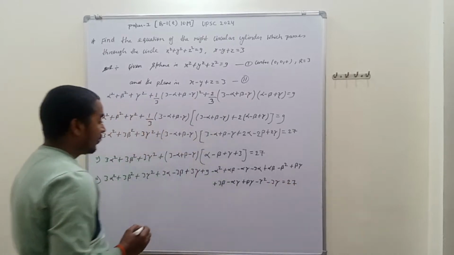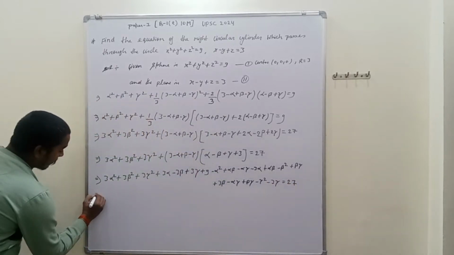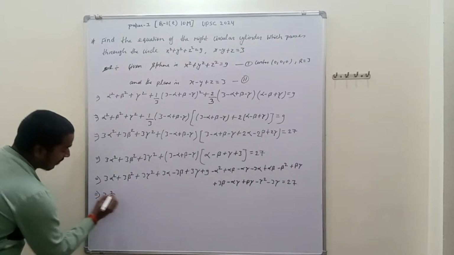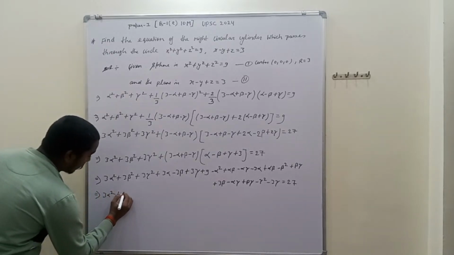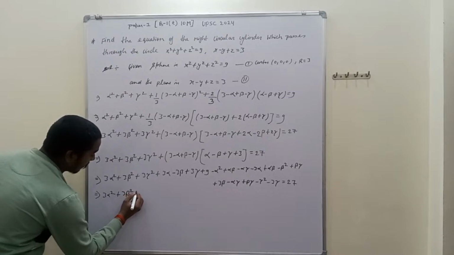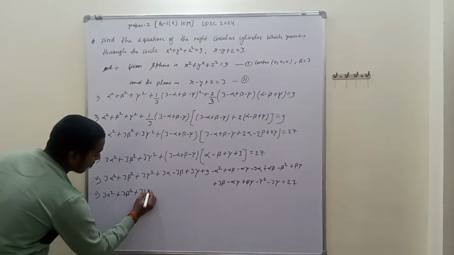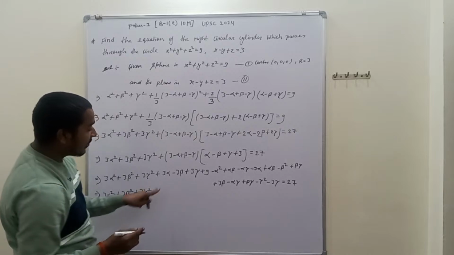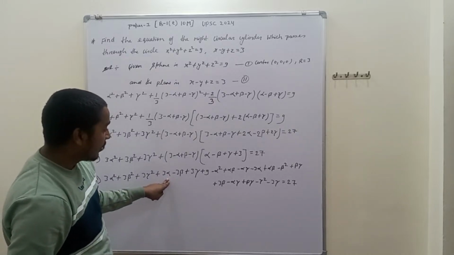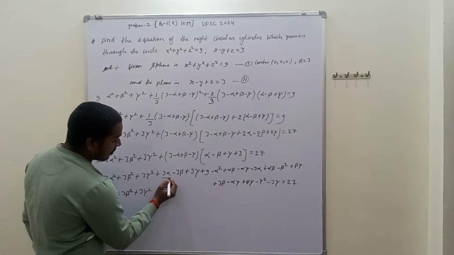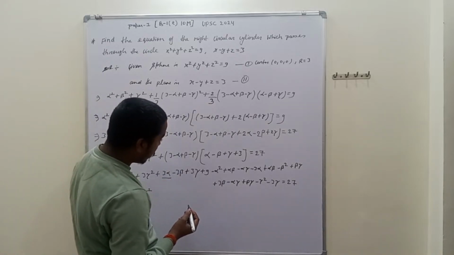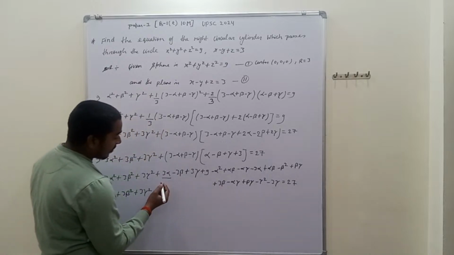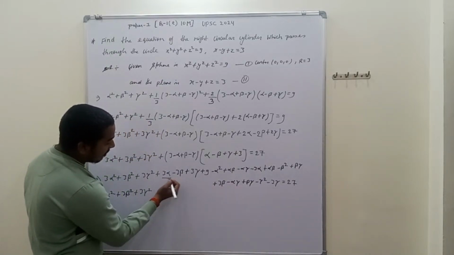From here we also write 3 alpha square plus 3 beta square plus 3 gamma square, and from here we have 3 alpha, 3 beta.